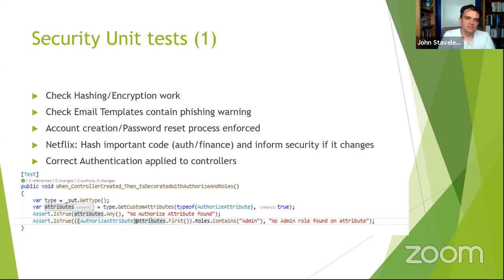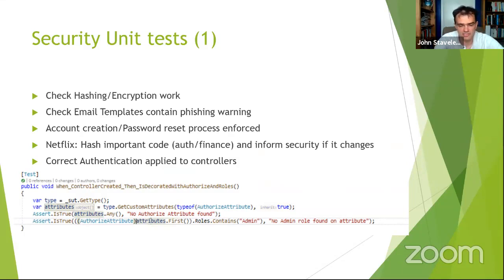Okay. So in terms of your security feedback, you can do unit tests, so you can check your encryption or hashing algorithm work. Check email templates contain the phishing warning, the account creation and password reset process is properly enforced. So Netflix use a check where they hash important code related to auth or finance, and that gets emailed to the security team.